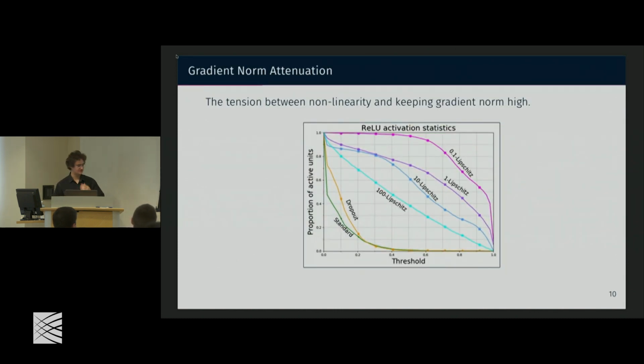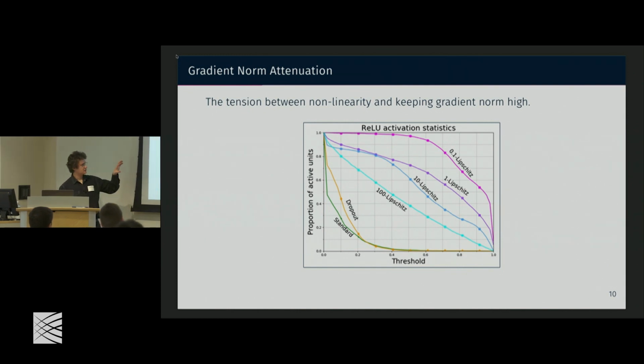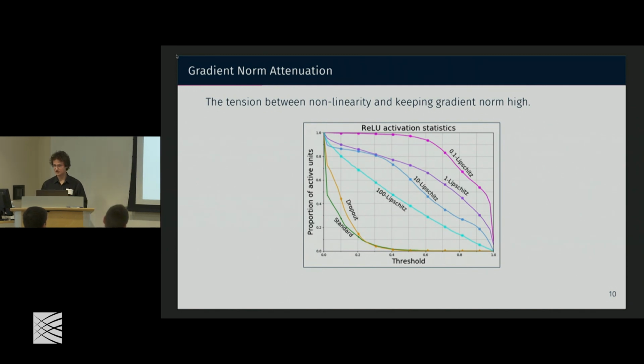This is another chart that shows that this tension between nonlinearity and norm preservation happens in practice as well. You take a similar network and train it on MNIST classification. This is a relatively complicated figure. I'll just try to convey the main message of it. We're trying to capture the tendency of the neural network to keep its ReLU units active, because that's the only way it's going to push its gradient norm up.